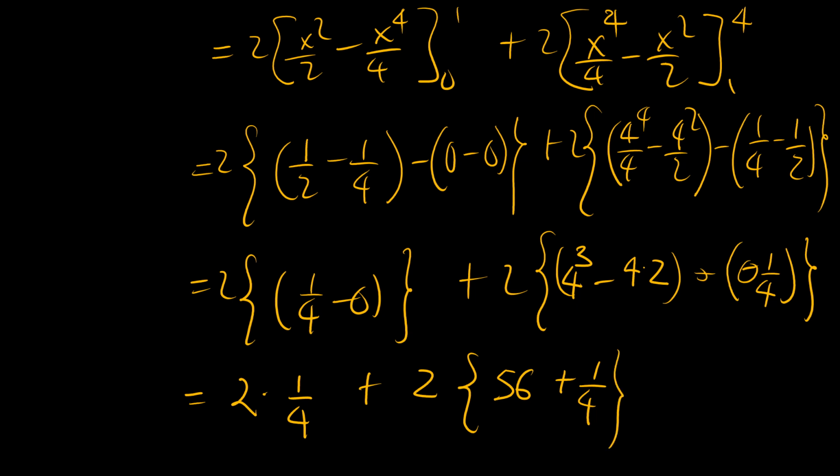So this is a half, and this is another half, so we get 1. So 2 times 56 plus 1: 56 times 2 is 112, and 112 plus 1, we get 113.